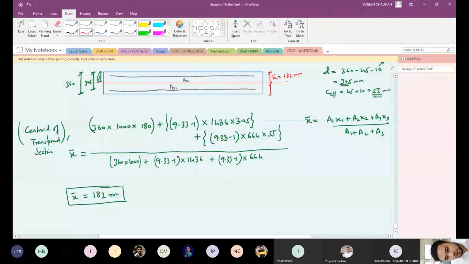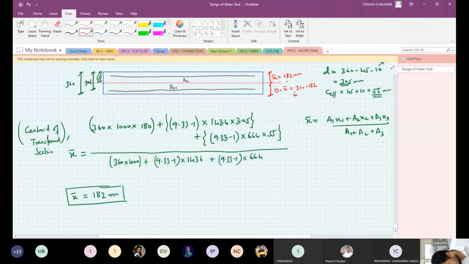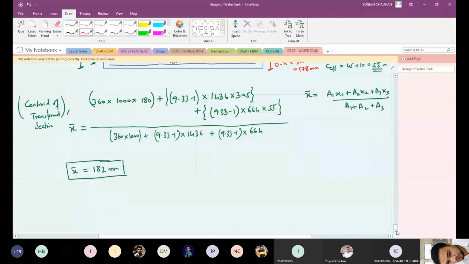So from the bottom it will be D minus x bar, so it will be 360 minus 182, that is 178 mm. So D minus x bar is equal to 360 minus 182, that is 178 mm.